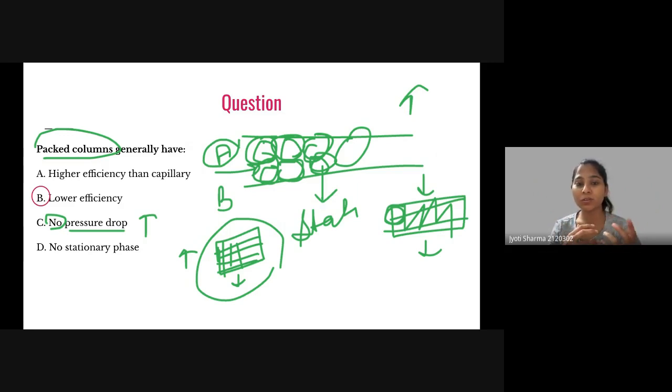There may be some loss of your contaminant, or the loss of A, because it may not reach the detector because there is a high pressure drop, and the length is just 1 to 2 meters, right? The next question is related to the packed column, and you will learn how the packed column has lower efficiency in comparison to the capillary one.